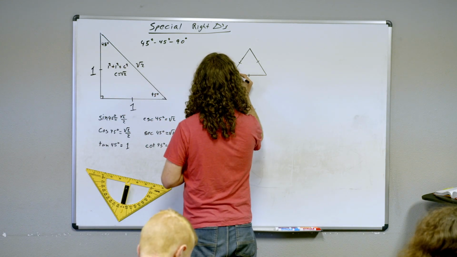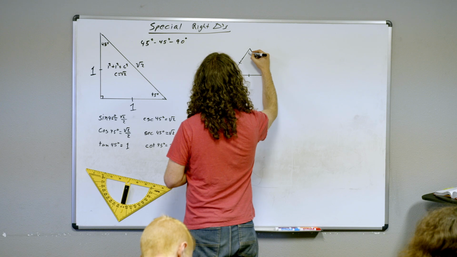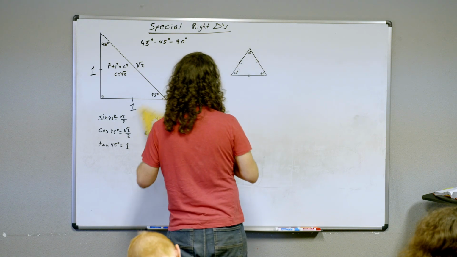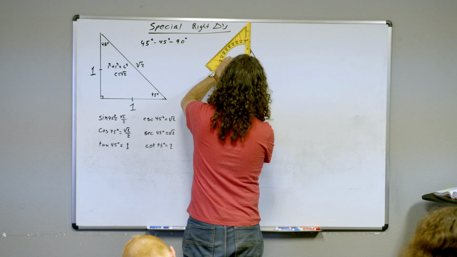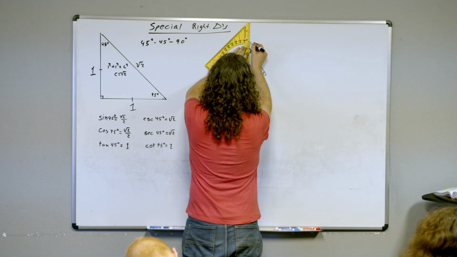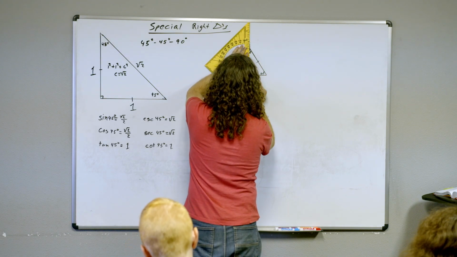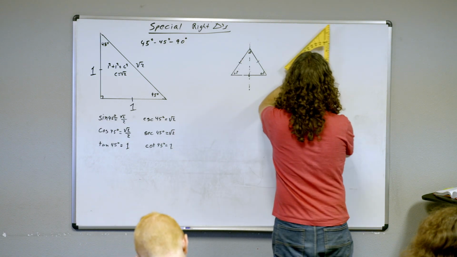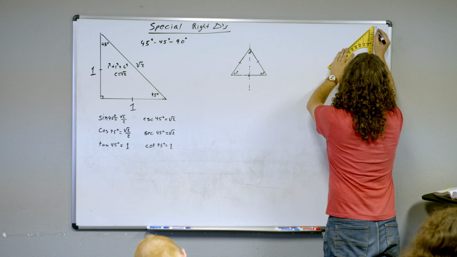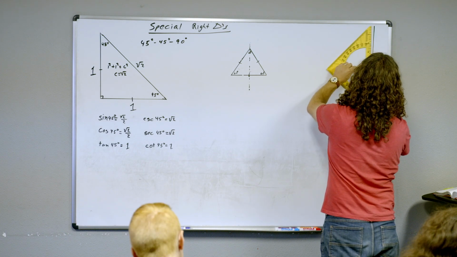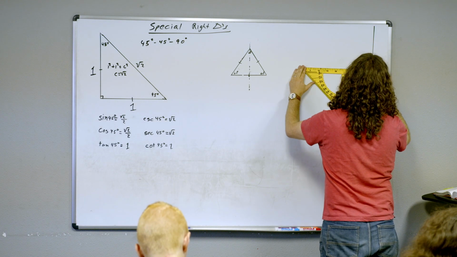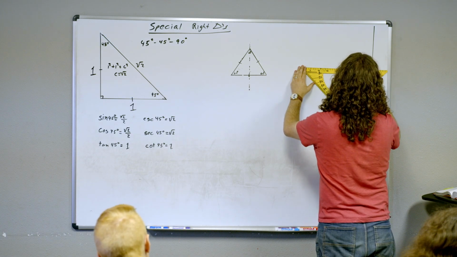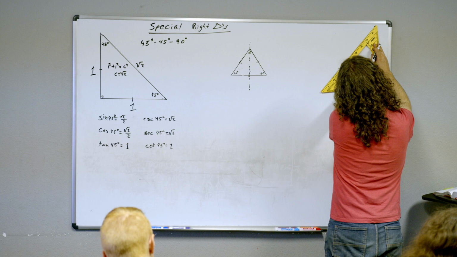These guys are all 60, right? And this guy, we can chop him in half with the great scissors of destiny and turn him into a 30, 60, 90 triangle, which looks more or less like that.